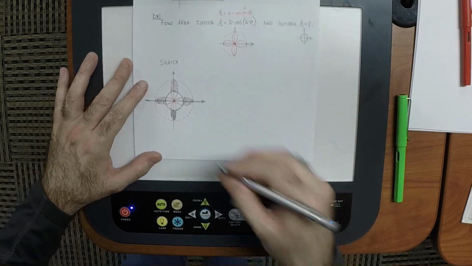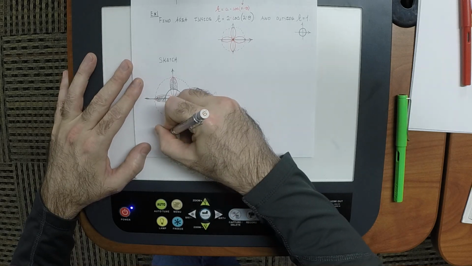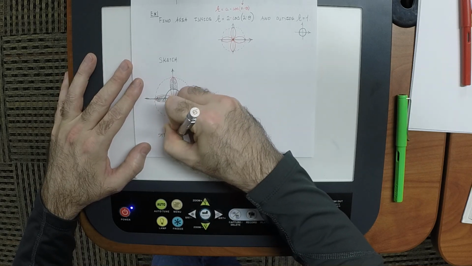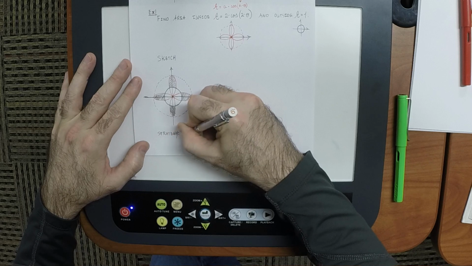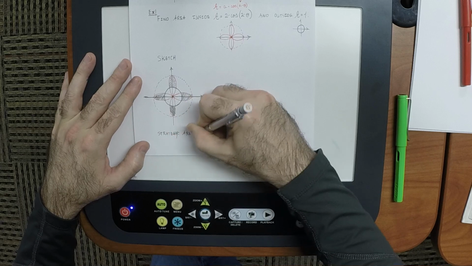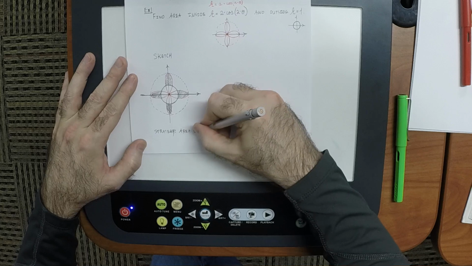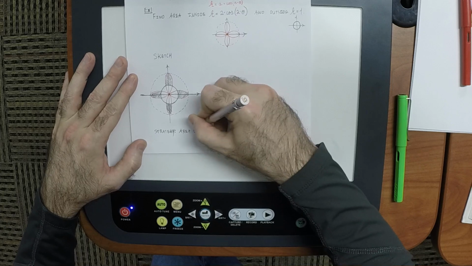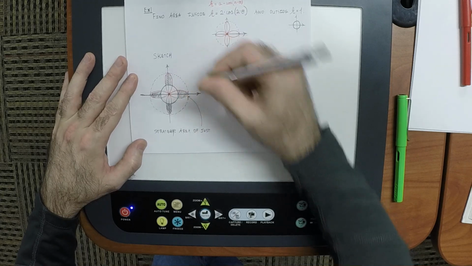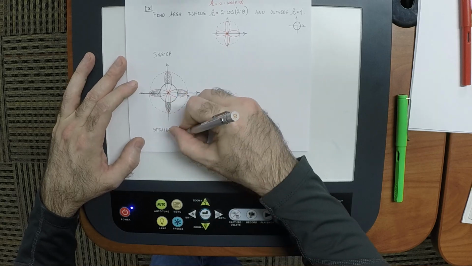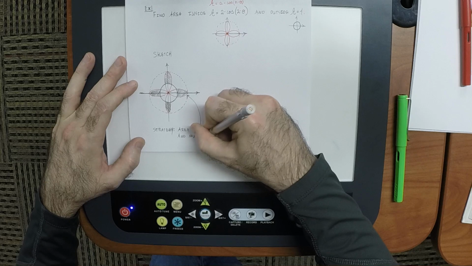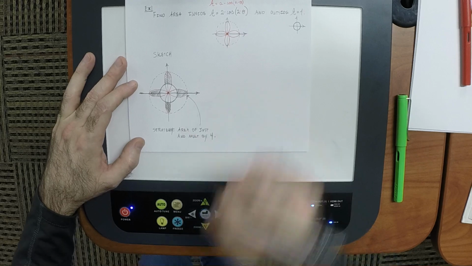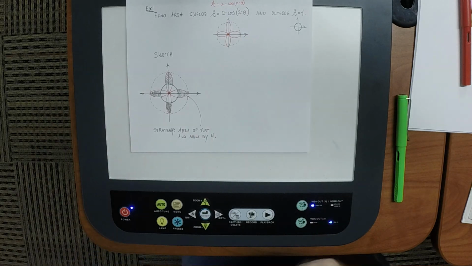So here's the strategy. We're going to find the area of just, say, that one, and then multiply by 4. All right.